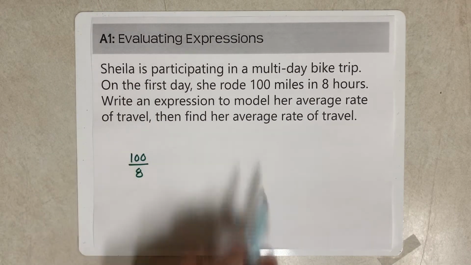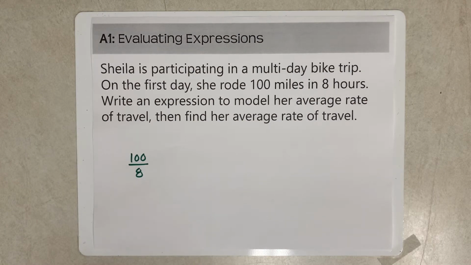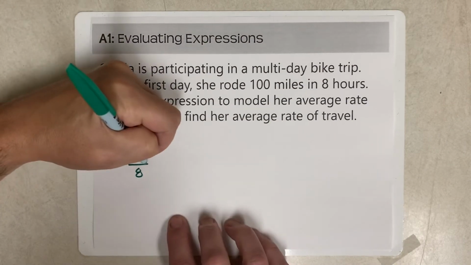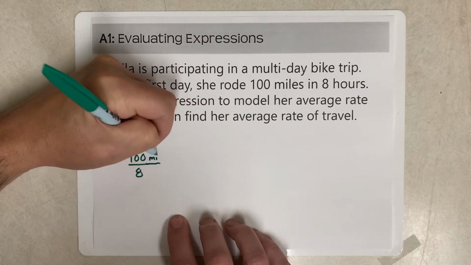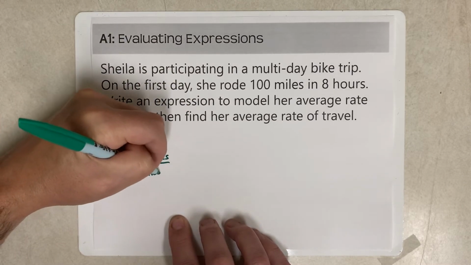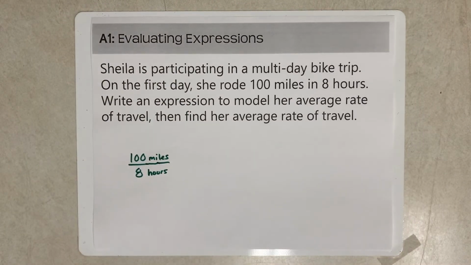It says to write an expression to model her average rate of travel and then find her average rate of travel. So if she traveled a distance of 100 miles, and I should really put my units here, in 8 hours, then basically to find the average rate of travel, you just take 100 and then divide by 8, and you're going to get probably a decimal of 12.5.